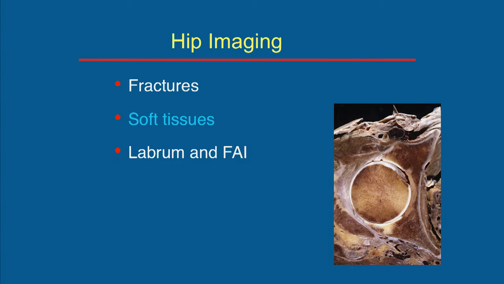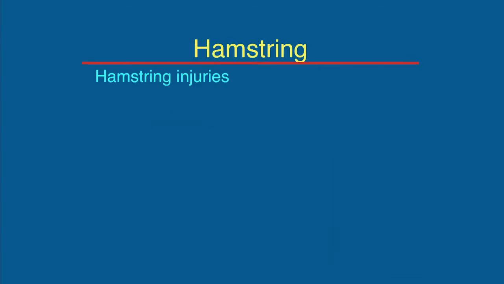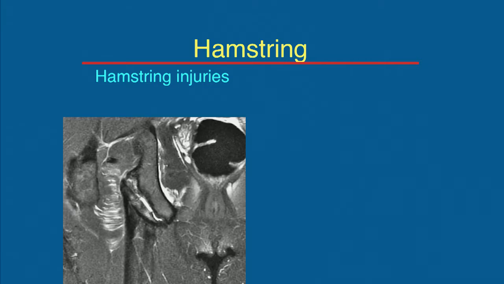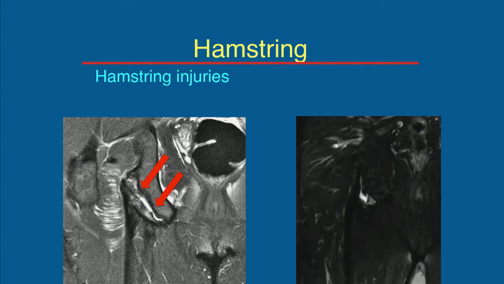So now let's talk about some soft tissue abnormalities, and specifically I want to talk about hamstring injuries first. So this is a young individual who had a hamstring avulsion, and you can see in this example that the hamstring is still attached to a portion of the apophysis, and the fluid signal there tells us that this is a relatively acute situation. Obviously a pretty easy plain film finding.